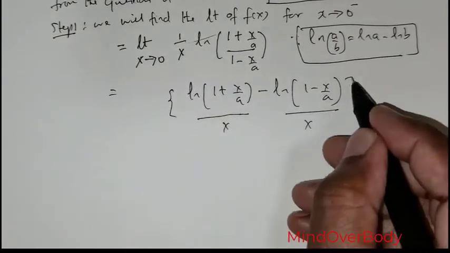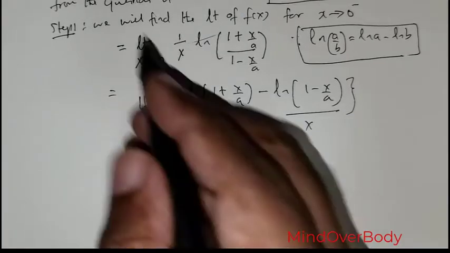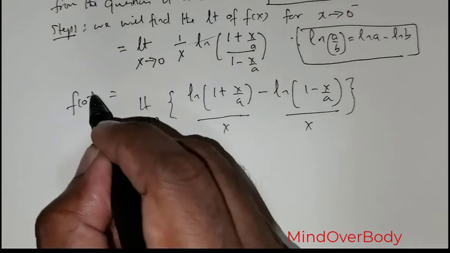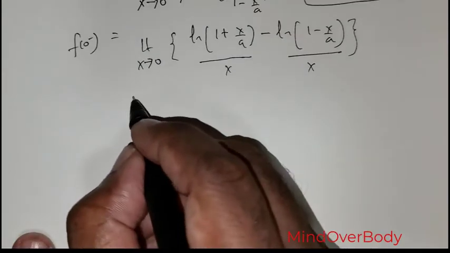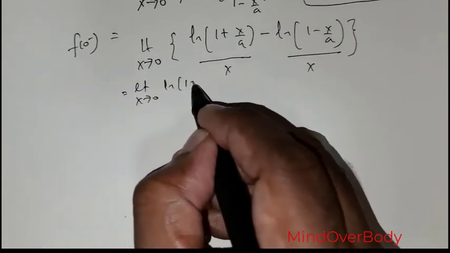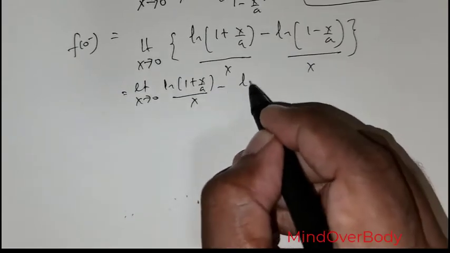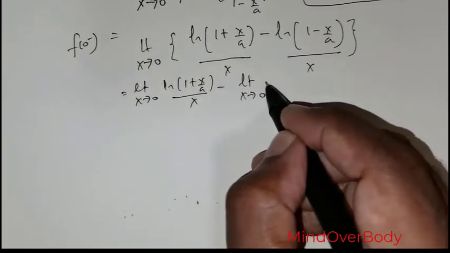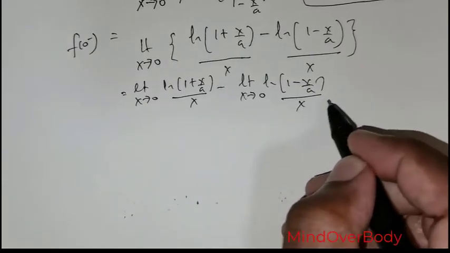And this is nothing but f of 0 minus. Now I can rewrite this as the limit x tending to 0 of ln of (1 positive x over a) divided by x, followed by negative limit x tending to 0 of ln of (1 negative x over a) divided by x.